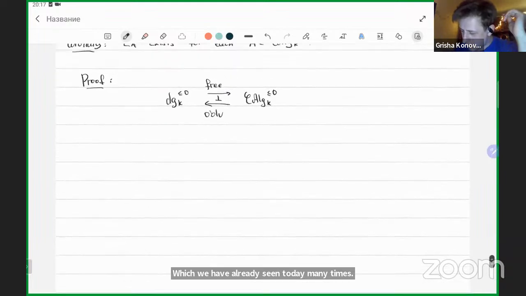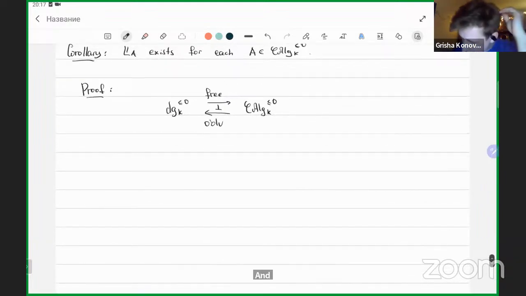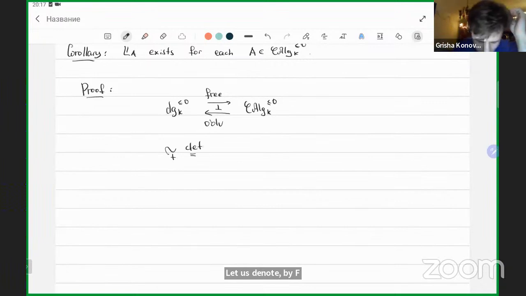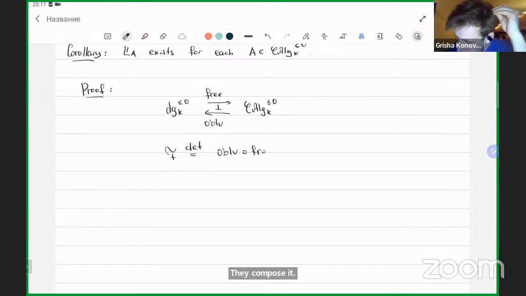And let us denote by F the composite of the free and forget functors, of the left adjoint followed by the right adjoint.